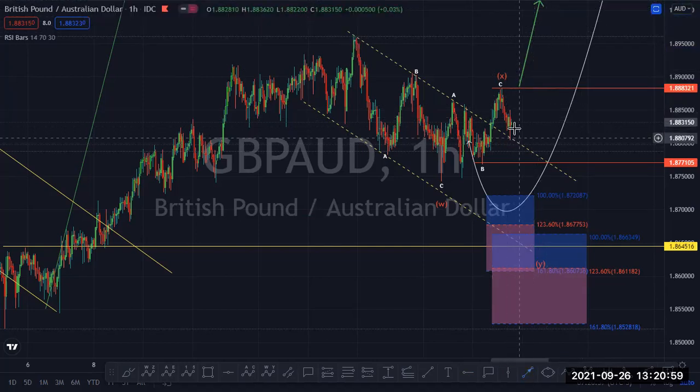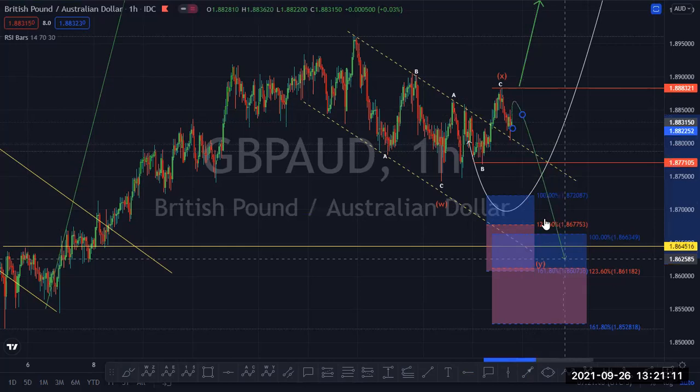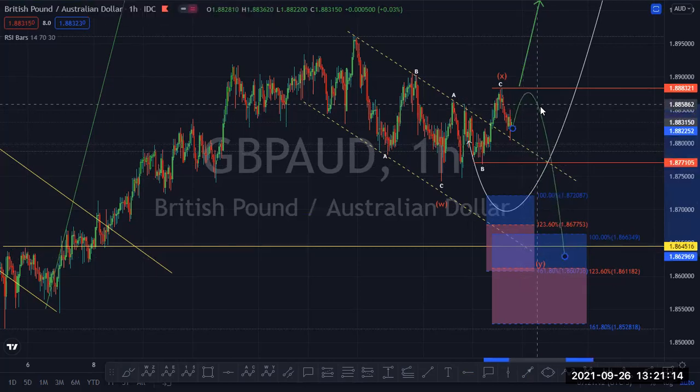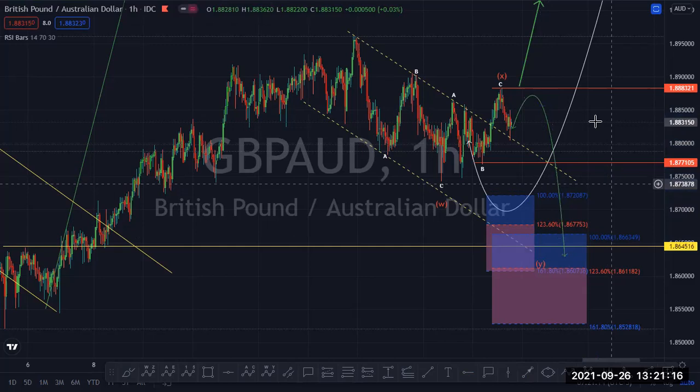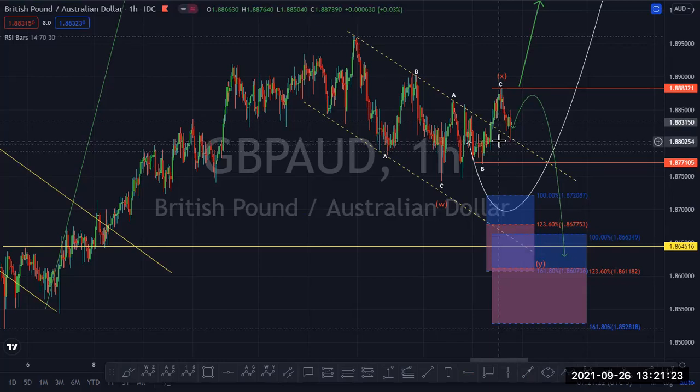Buying right away can be good, but if the pair is still dropping, you might get this type of move, coming down to this level. Though if you are buying right away, your stop loss will be here, 1.8804, so it won't make any meaningful loss. But it's better to wait for it to break this level.